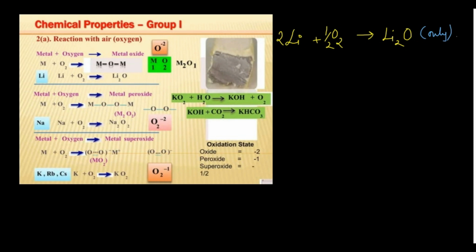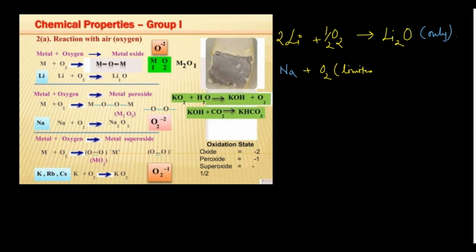And if you have sodium, say I write the reaction here: when this sodium reacts with oxygen and the supply of oxygen is limited, I can write O2 here, limited.